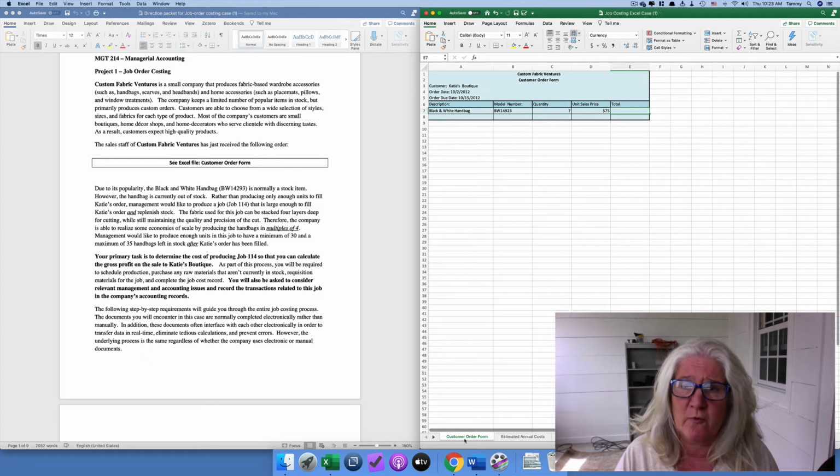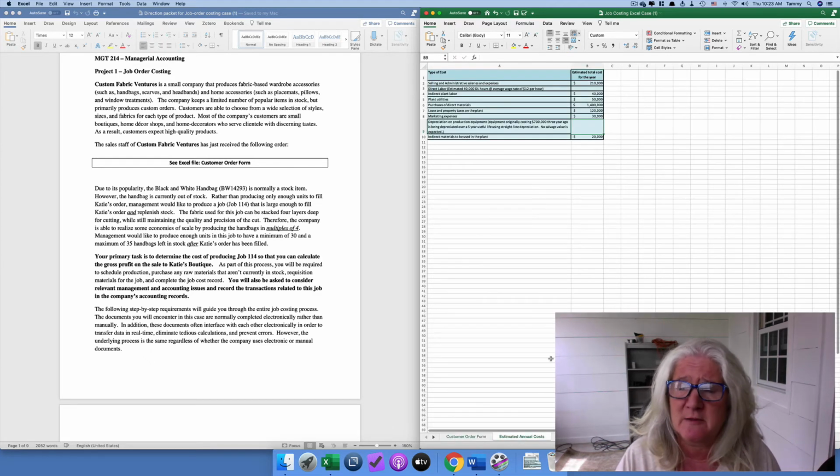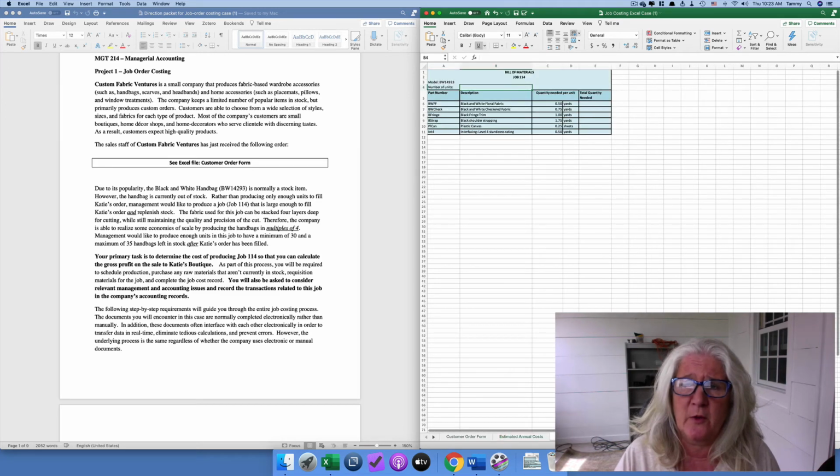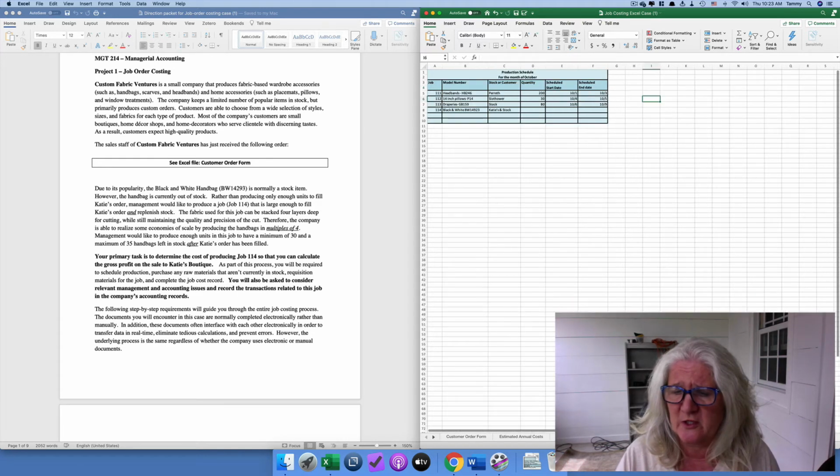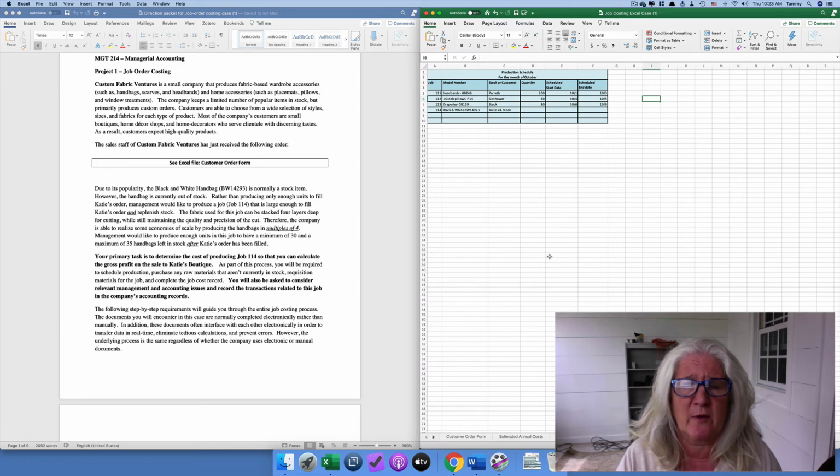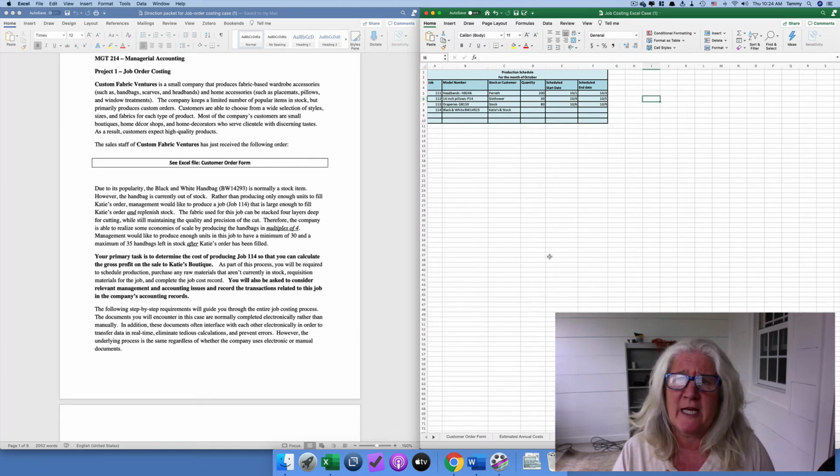So you've got the order form that comes in from the customer, and then you've got some estimates for your overhead. You've got the ticket that you use to pull things out of the warehouse. You've got your production schedule and what's already lined up on the manufacturing floor. So this is really very hands-on.